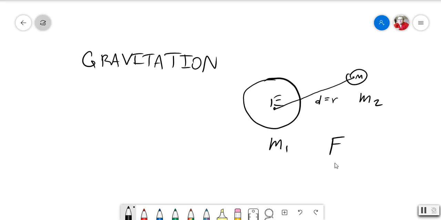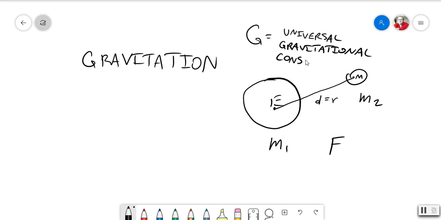And then you have capital G, which is the universal gravitational constant. And the constant is derived through experimentation. We've discussed it before.